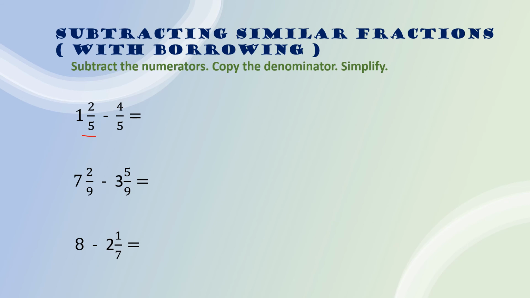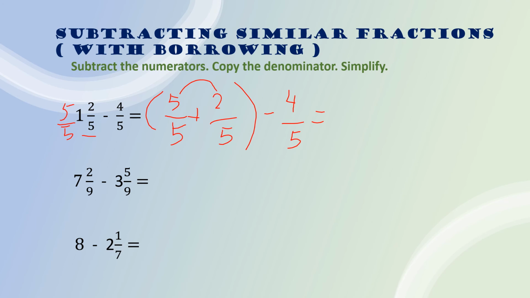So when we borrow from 1, 1 will be 5/5. So it's like we have the 5/5, then we add it to the 2/5, then minus the 4/5.